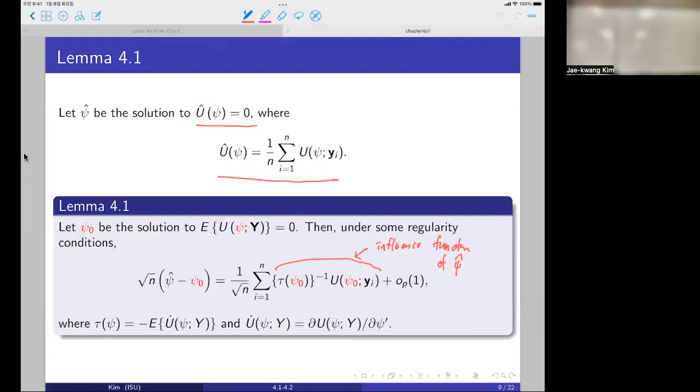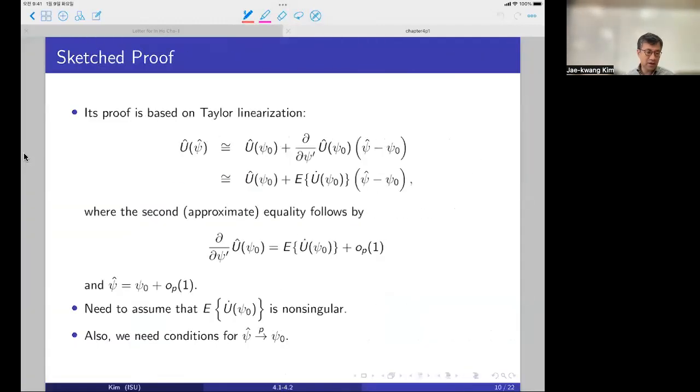This tau, by the way, is a partial derivative, so we need differentiation. In the beginning we are only considering differentiable functions. So let's move on.